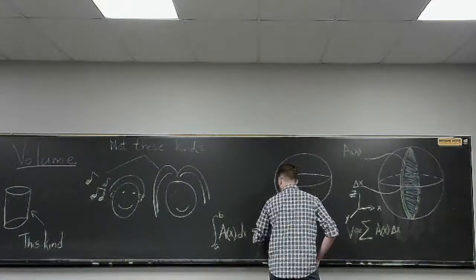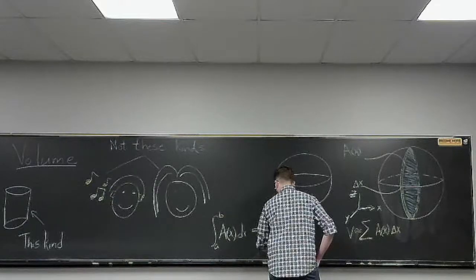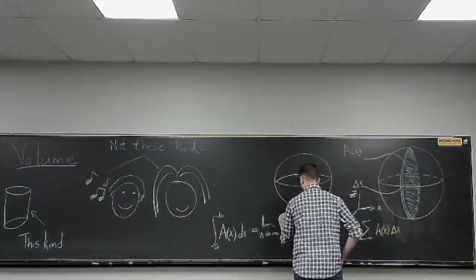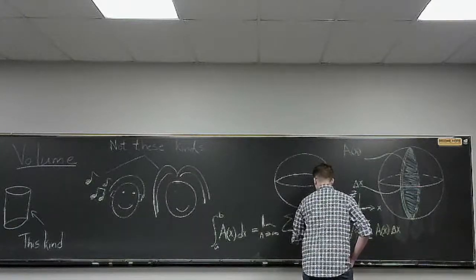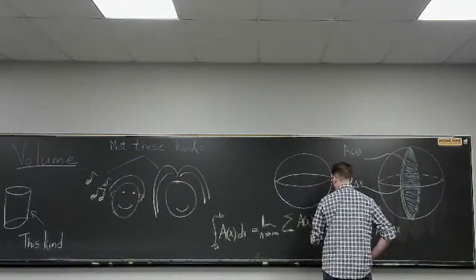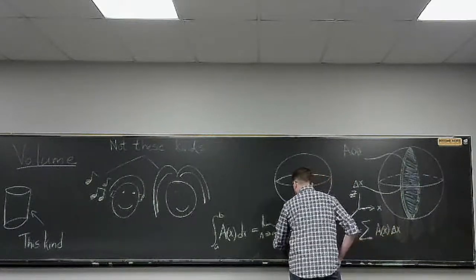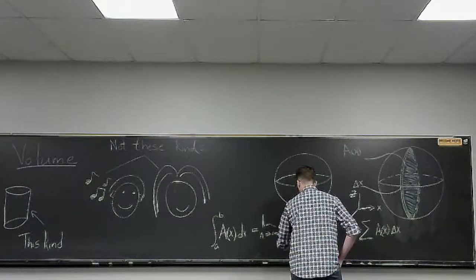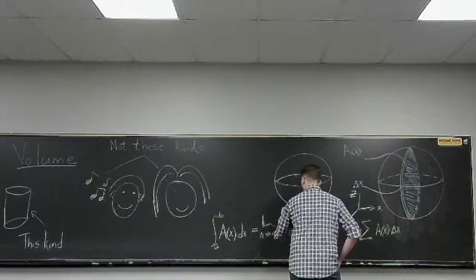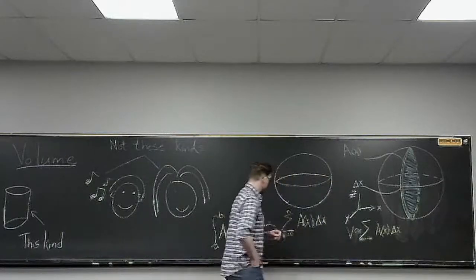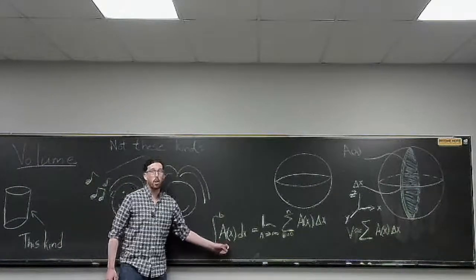This is equal to the limit as n approaches infinity of the sum of A(x_i) times delta x, where delta x is defined in our usual way. So this is what volume is equal to properly.